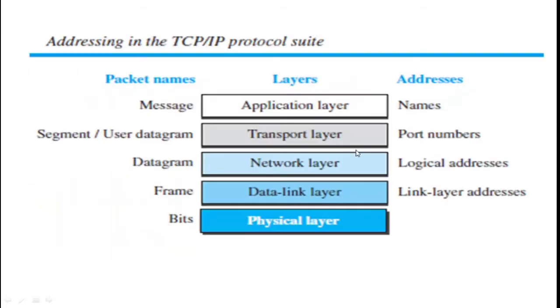So what are these addresses? This image clearly describes the relation between the layer, the address used in that layer, and the packet name at that layer. At the application layer we normally use names to define the site or the email address, depending upon the application we use, and the packets are called messages.